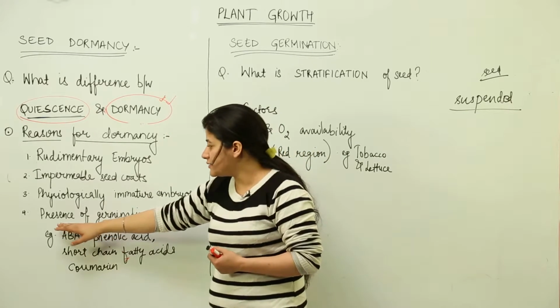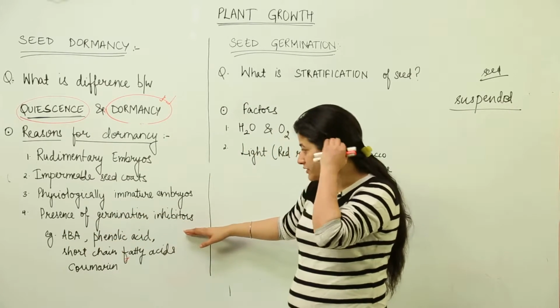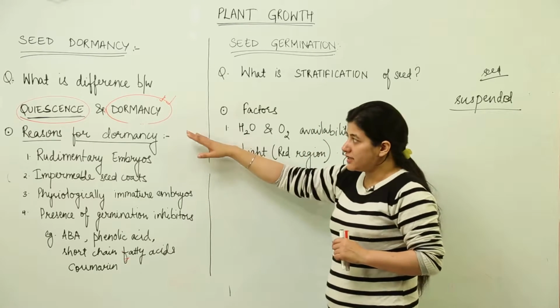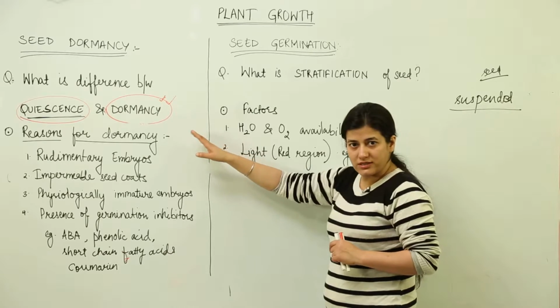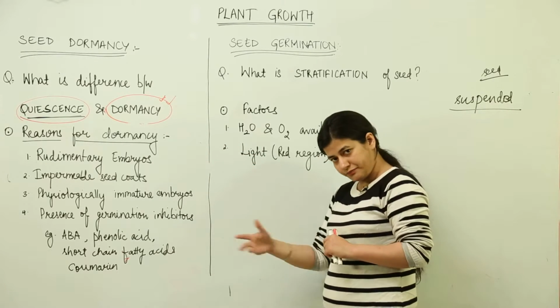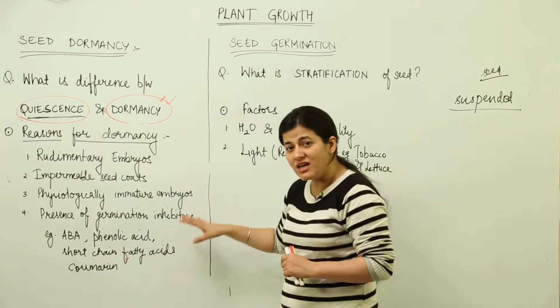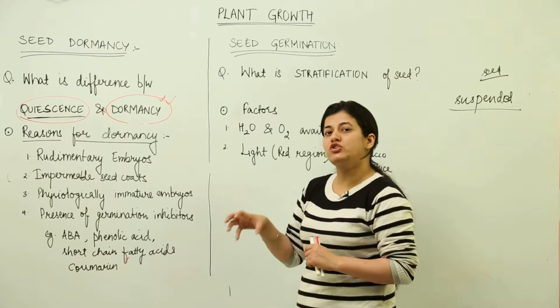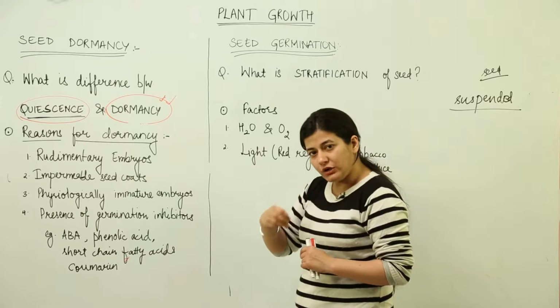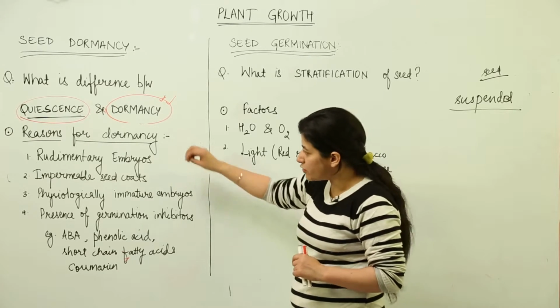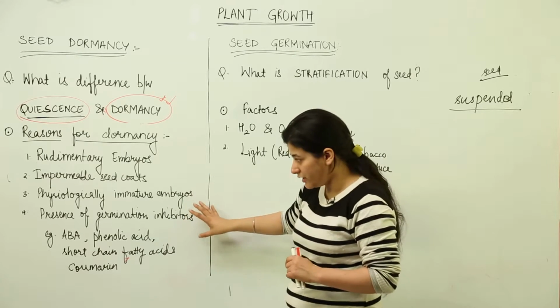And the last one is the presence of germination inhibitors. Now, these are the internal factors. In certain cases, the seed shows dormancy because in its proximity there are certain germination inhibitors. They are nothing but chemicals which do not bring about the elongation of the radicle and the plumule, that is the breakdown and the other processes which are involved in seed germination.